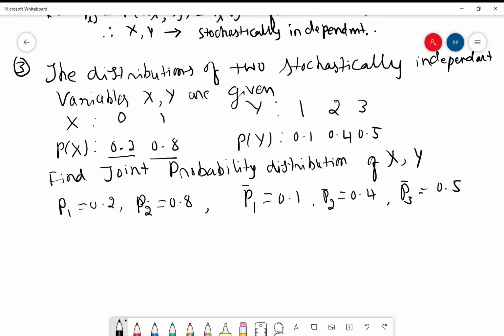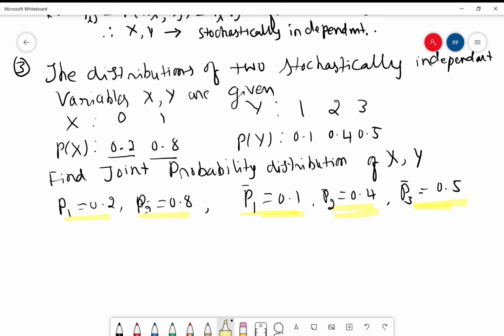Multiplying this with these values, we get three joint probability values. In the same way, multiplying this with these values, you get one more set of joint probability values, totally six.